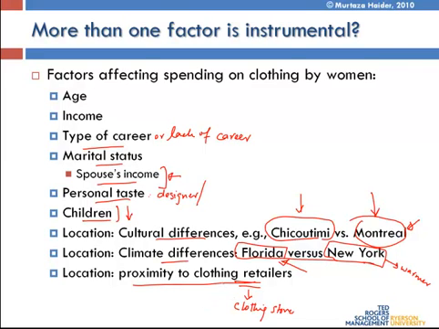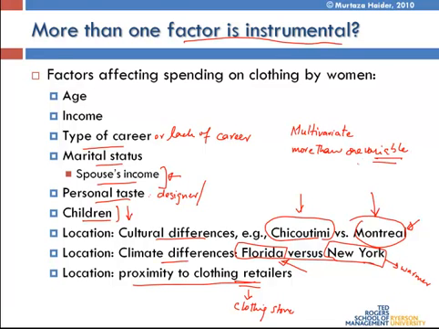So when more than one factor or variable is instrumental, simple correlation would not do. You need a multivariate analytical model where you can account for more than one factor that is instrumental, more than one variable or phenomena that is instrumental, and that is regression model.